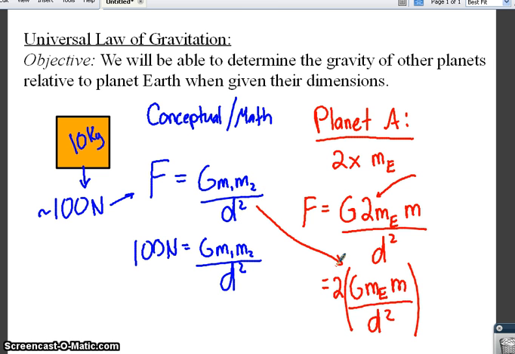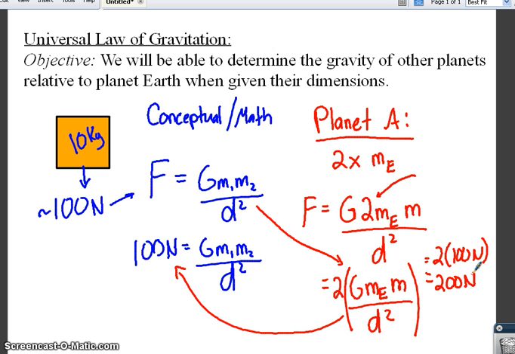So if this planet is 2 times the mass of Earth, and this whole equation here is the mass of Earth, then really the answer is going to be 2 times 100 newtons, because our object is 100 newtons. This right here equals 100. 2 times 100 is equal to 200 newtons. So, once again, you can see how that's kind of mathematical and kind of conceptual.